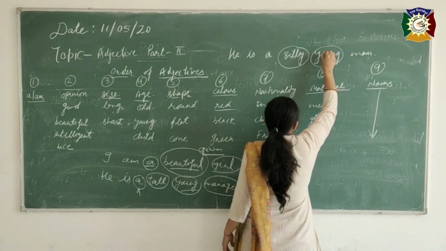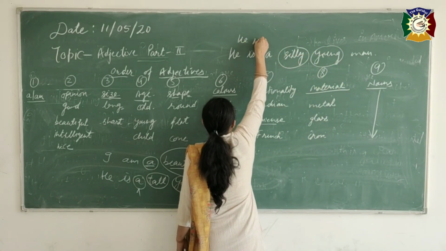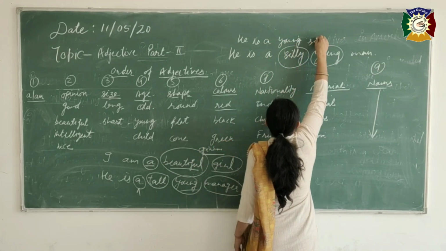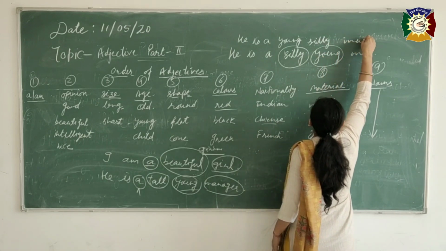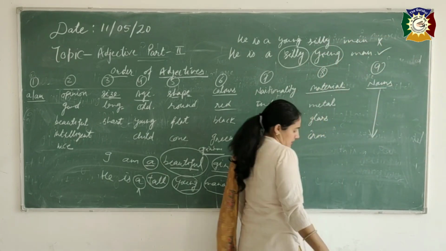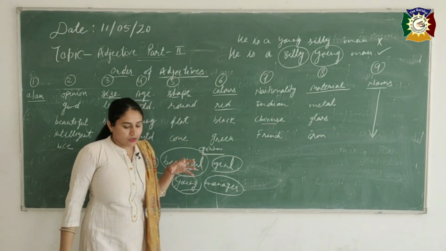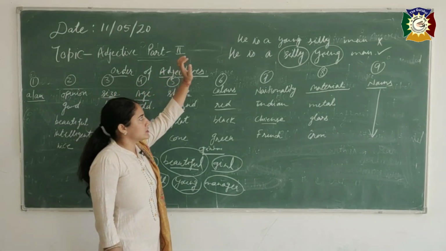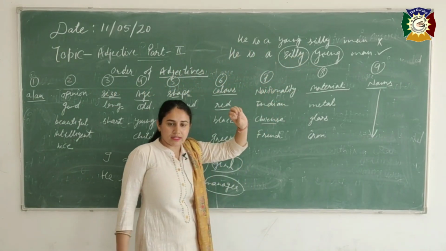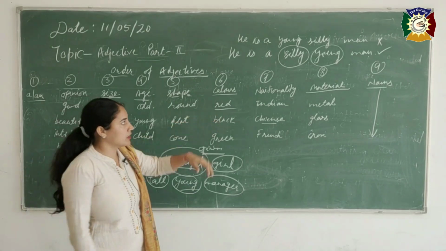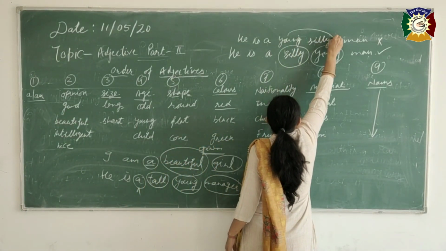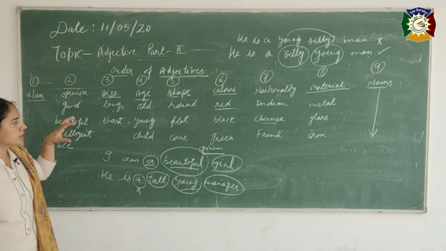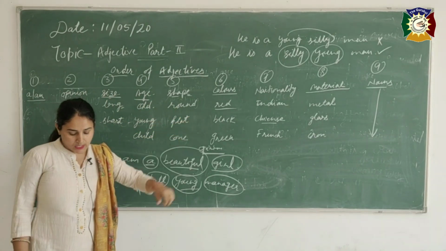We can't write the sentence in this way: he is a young silly man. This is wrong, and this is correct. We have to keep in mind the order of adjectives and how to form sentences. Once again, he is a young silly man is totally wrong because young comes after the opinion. He is a silly young man. So, dear students, you have to focus on this order of adjectives.